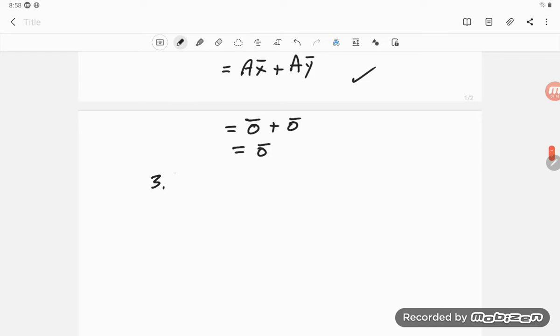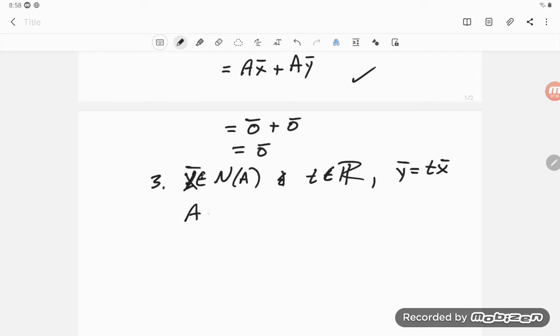And then finally three, if we say X is an element of the null space of A, and T is an element of the real numbers, and we let Y equal TX, now we need to look at AY.